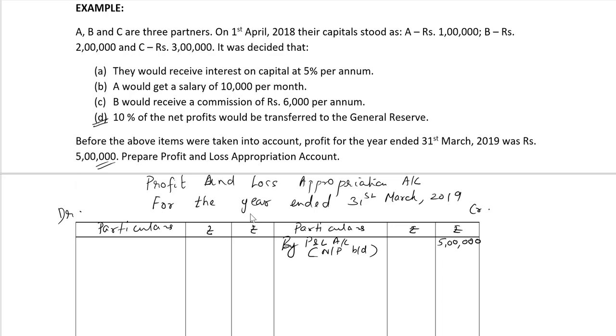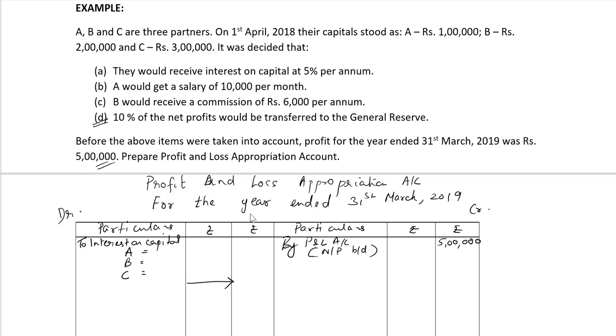We'll allow interest on capital to A, B and C. The rate of interest on capital is 5%.